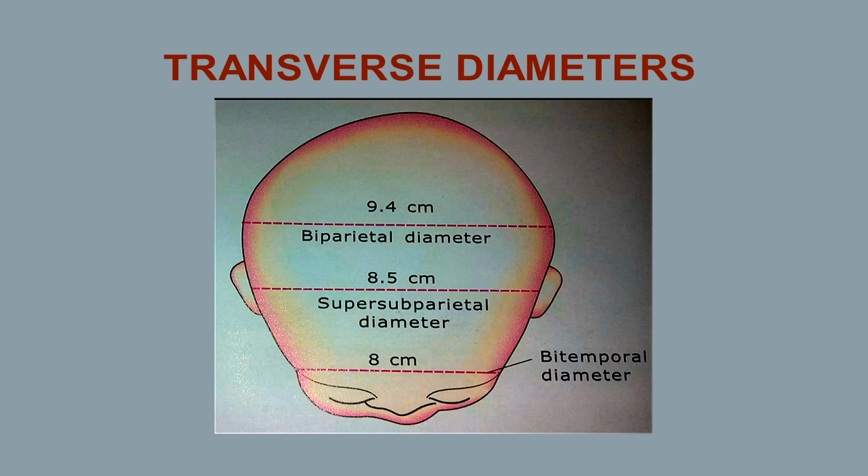Second one is bitemporal diameter. It is 8 centimeter, which is the shortest transverse diameter and is between the two temporals. The third one is supra-subparietal, that is 8.5 centimeter, which extends from a point below one parietal eminence to another, placed above the opposite parietal eminence.